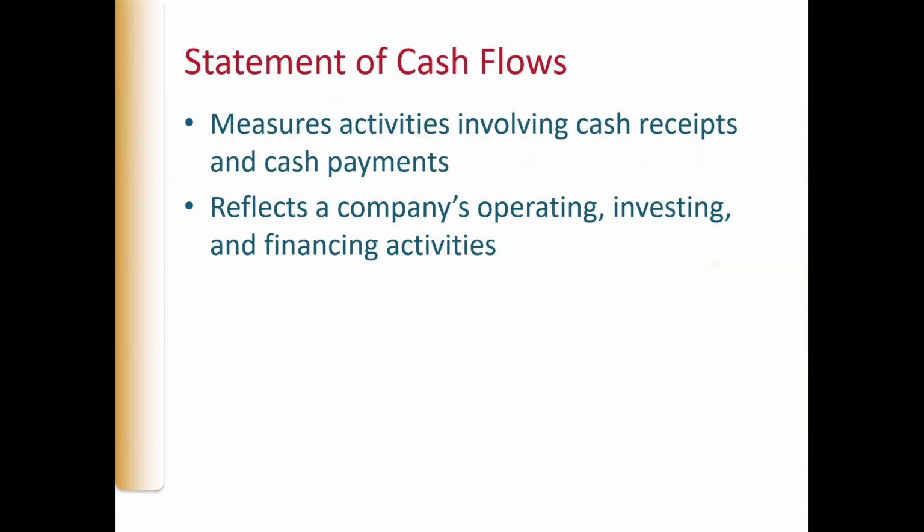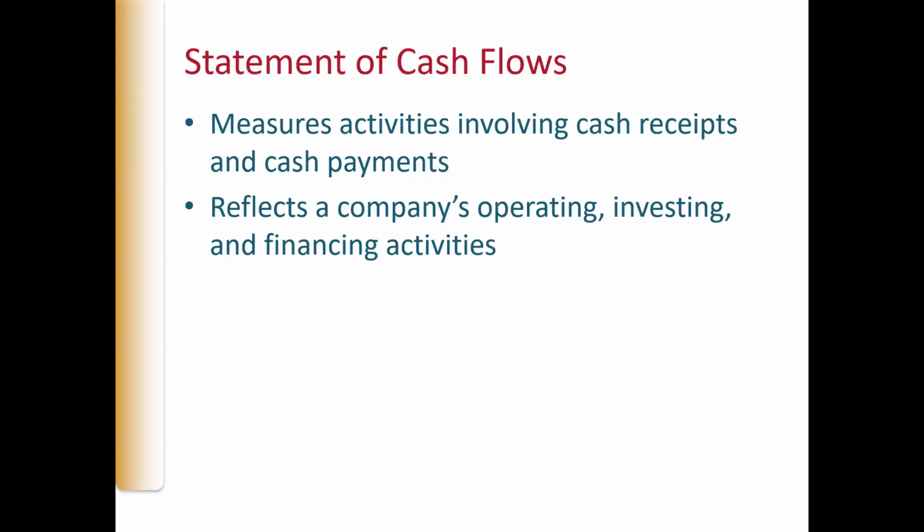Then we have another financial statement called the statement of cash flows. This statement of cash flows gives us information pertaining to the activities involving cash, the cash in and cash out.